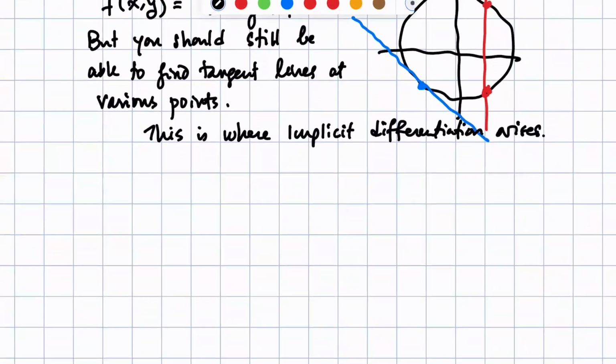So let's just take a slightly more interesting example. Let x squared y plus y squared plus, well, let's make it a little bit more benign at the beginning, plus 4x plus 3y is equal to 2.